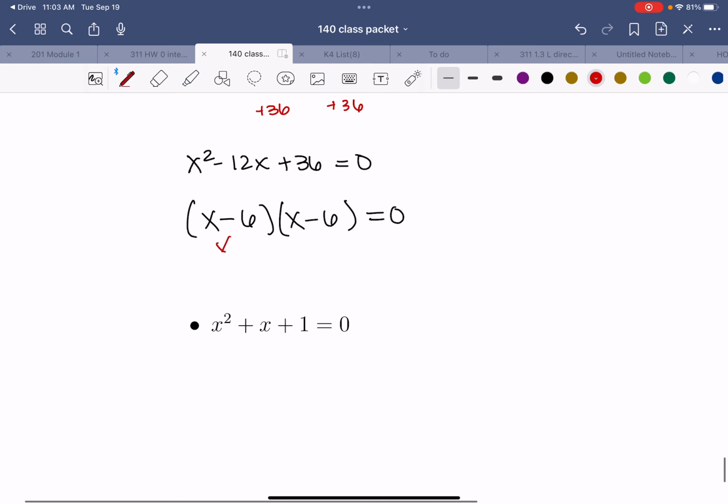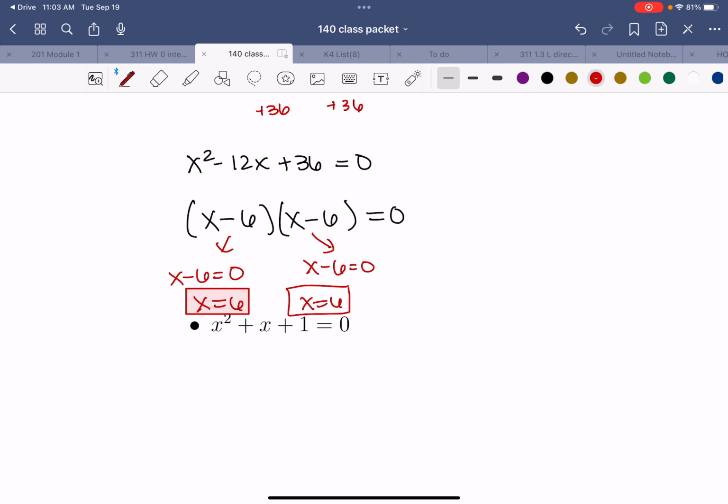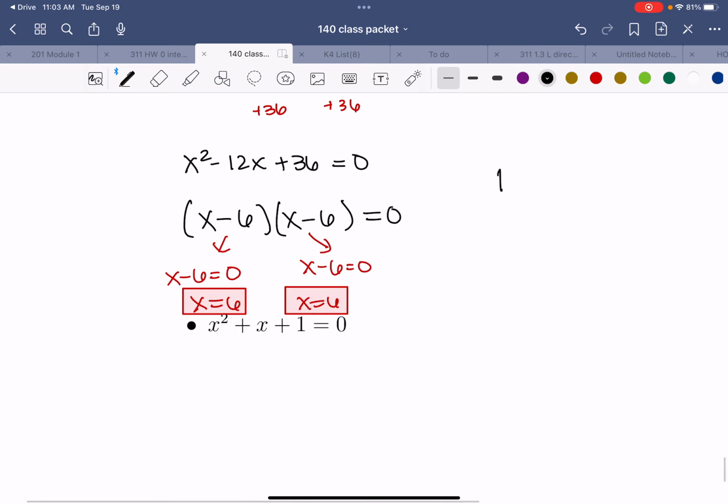And when you take each of these, x minus 6 equals 0, add 6 to both sides and you get x equals 6. And this x minus 6 will also give you x equals 6 as an answer. And so in this case, there is one real repeated solution.